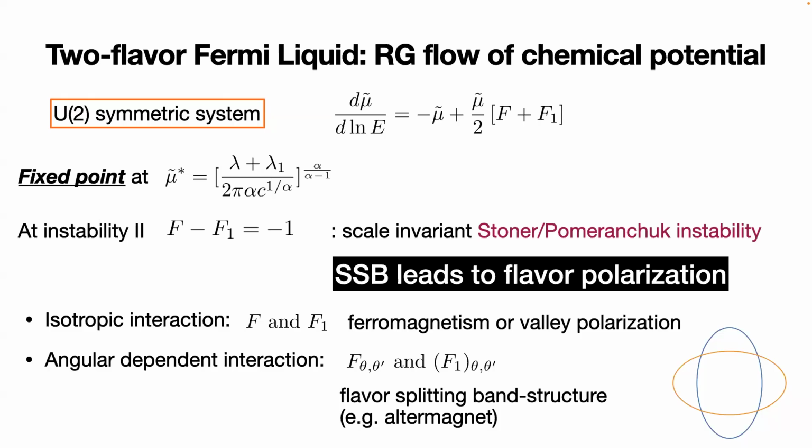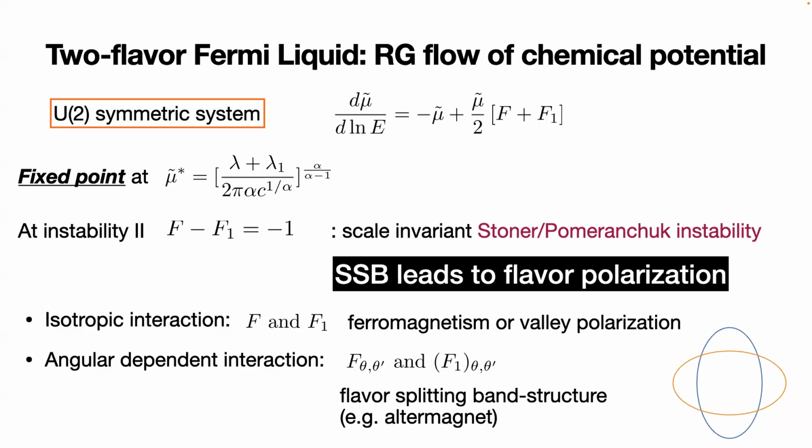So if the interaction is isotropic, this instability 2 would lead to ferromagnetism or valley polarization. It immediately empties one Fermi surface and fills the other Fermi surface.